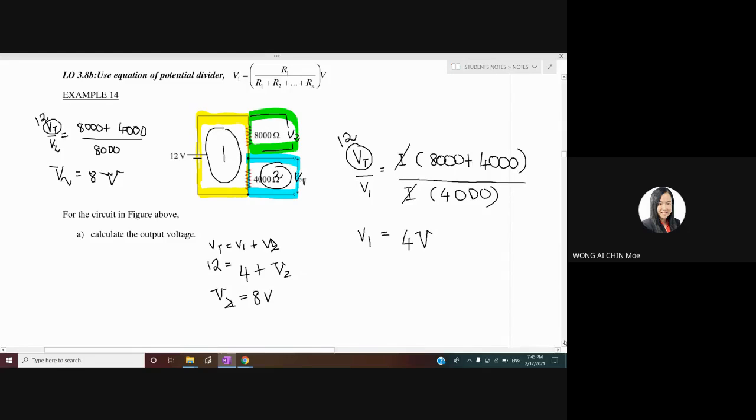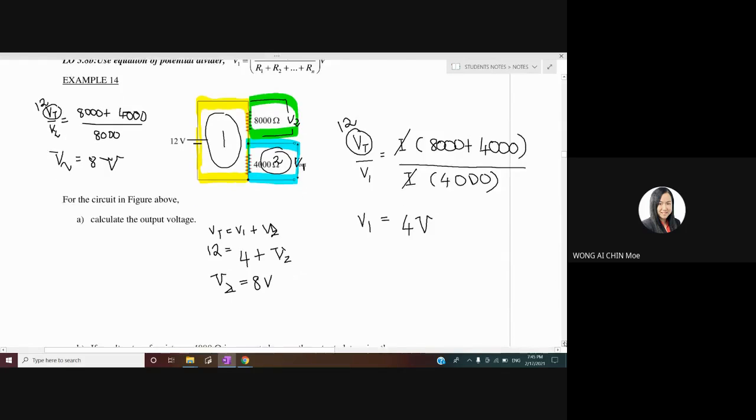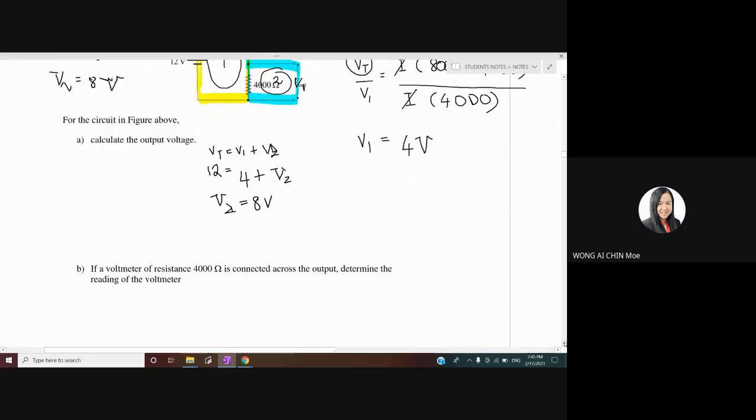Next, if the voltmeter of the resistor 4,000 is connected across the output, determine the reading of the output. Meaning that if there's a voltmeter, and inside the voltmeter there is a 4,000 ohm resistor connected across the output.